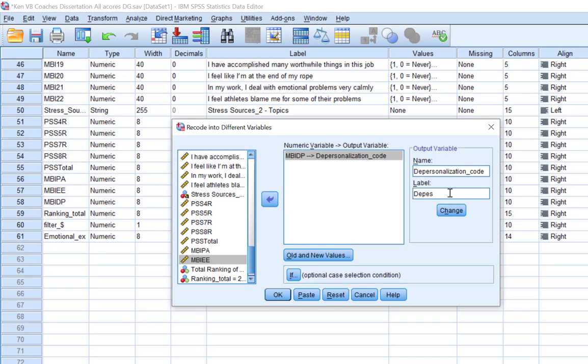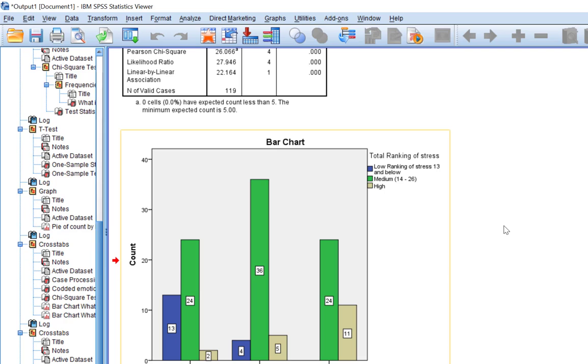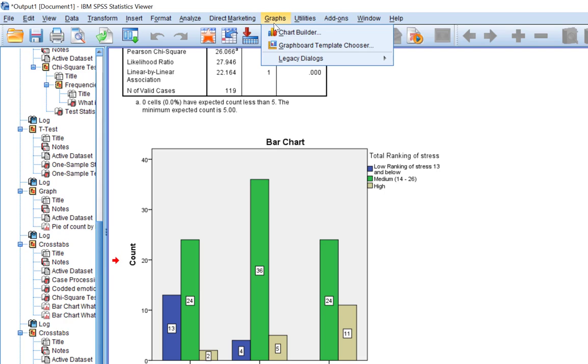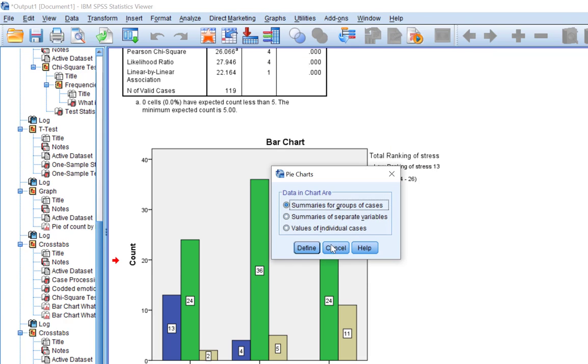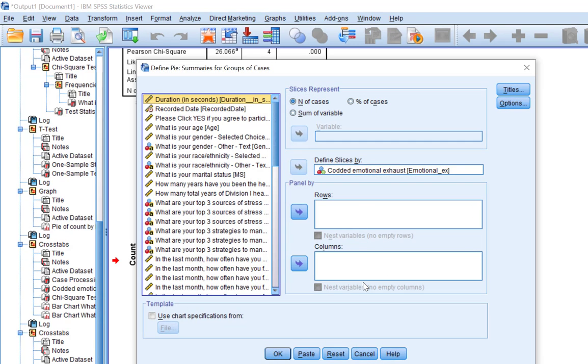What does that mean in your world? Depersonalization. Attachment? Yeah, from, yep. And the last one is personal accomplishment.